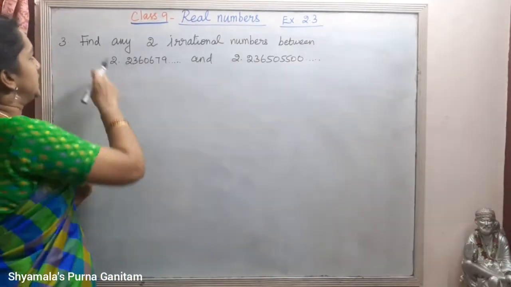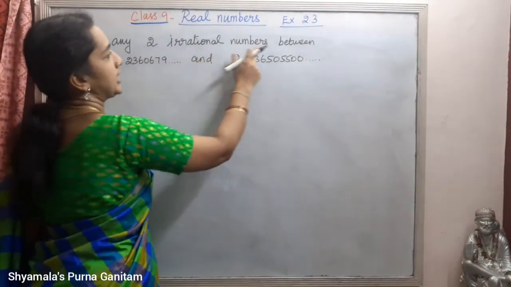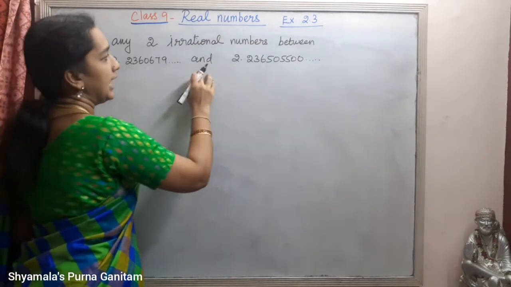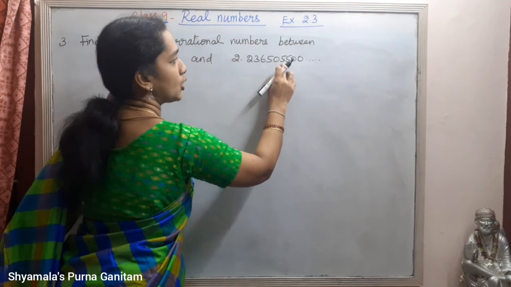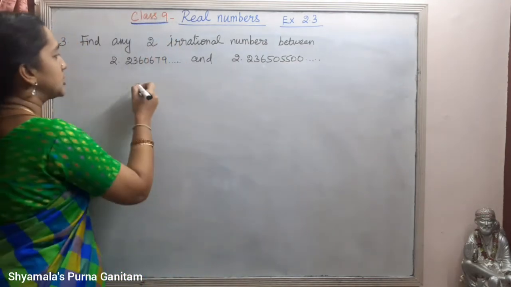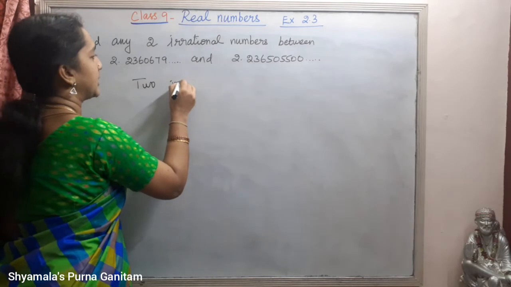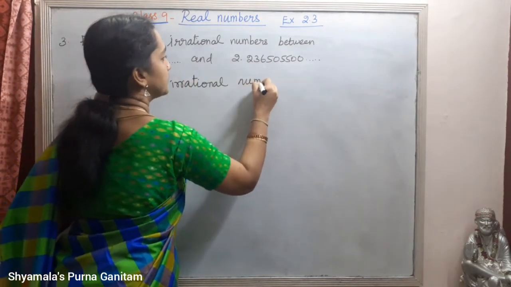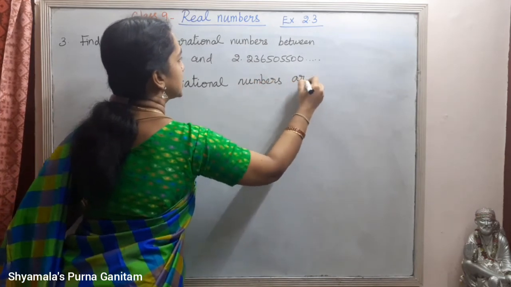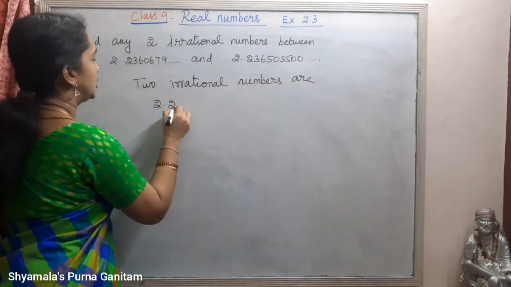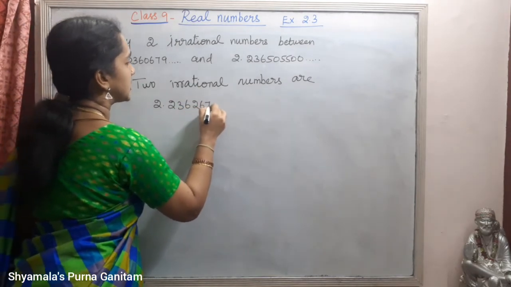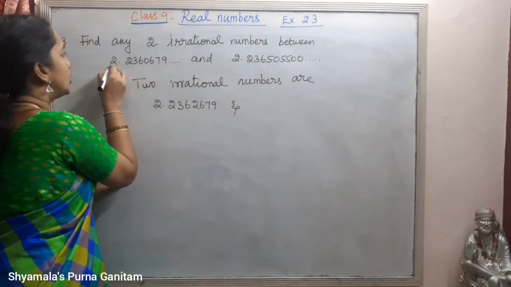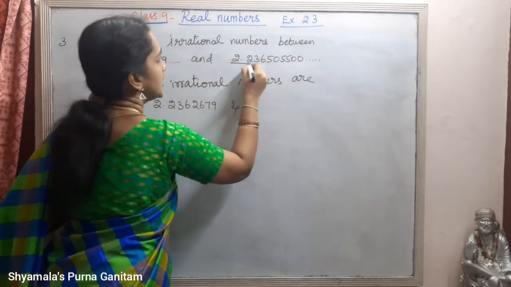Okay. So next sum is find any two irrational numbers between 2.2360679 and 2.236505500. So two irrational numbers that I am writing are 2.2362679, and see here 2.236 is same in both these numbers.